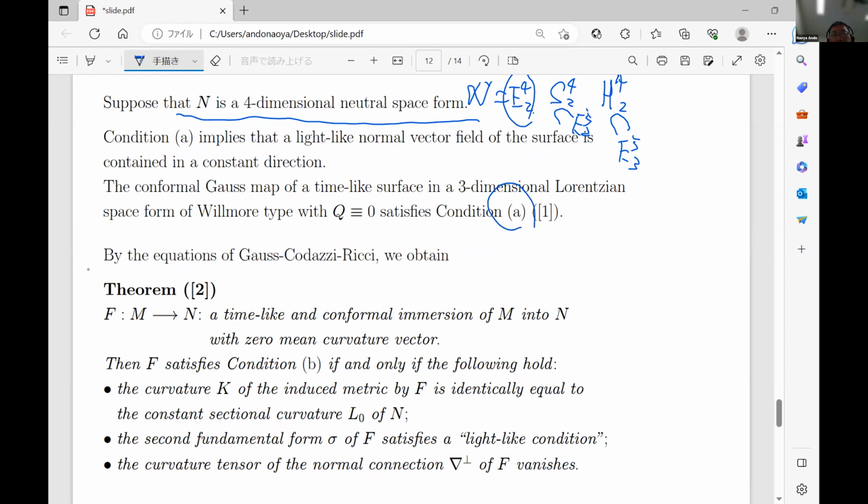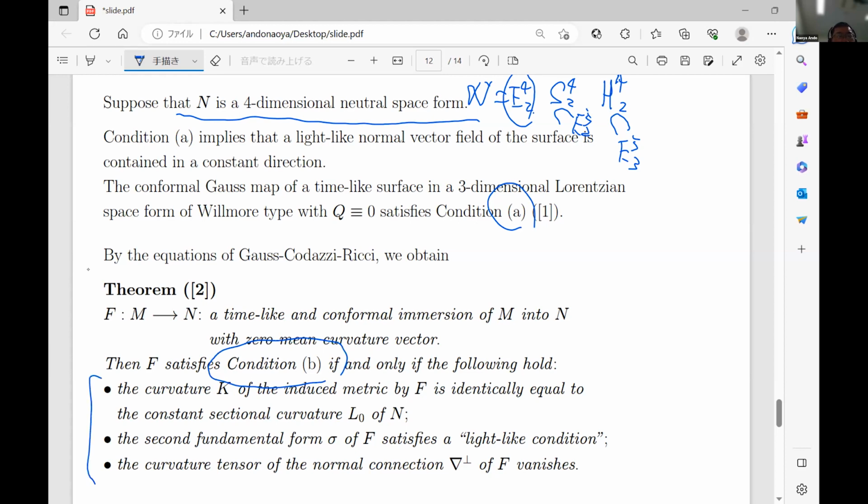By the equations of Gauss-Codazzi-Ricci, we obtain the following theorem with respect to condition B. Let F be a time-like and conformal immersion of M into N with zero mean curvature vector. Then F satisfies condition B if and only if these three conditions hold.